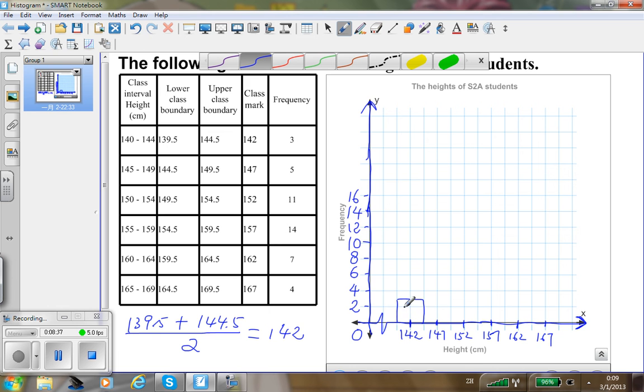This is the first class, and we label this class with the class mark in the middle. Then for the second class, the frequency is 5. And we can continue in this way.